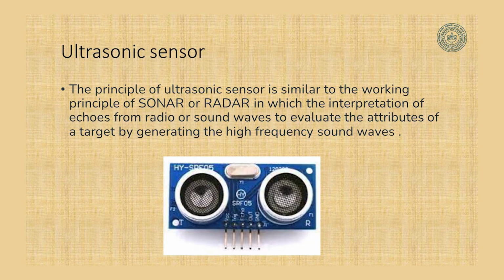There is a trigger signal, then there is an echo signal. This is connected to the input voltage, this is the ground, and this is where the output comes out. Based on the voltage output you can tell what is the exact distance of the object from the sensor. Okay, we have seen this in operation.